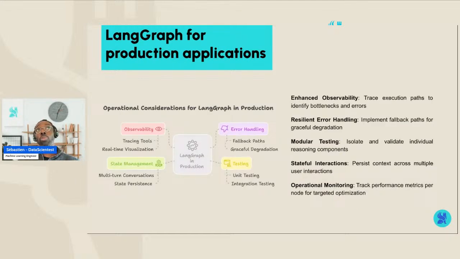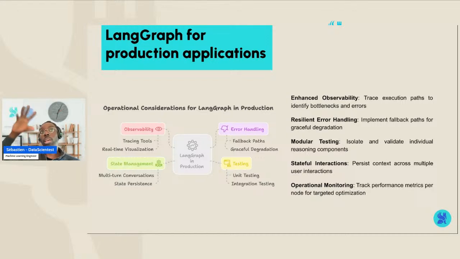Yeah, LangGraph for production applications. Of course, with LangGraph, we have some additional capabilities, like automatic observability. So you have a tracing tool and a real-time visualization where you can visualize the states of your graph as the agent is executing itself.